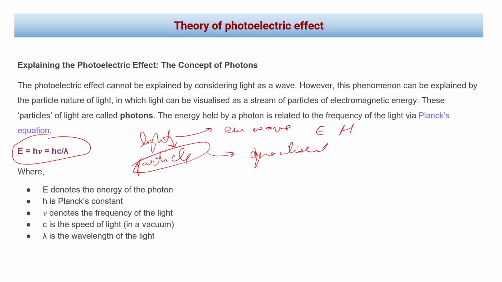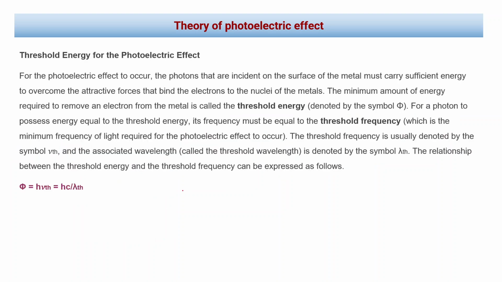That's how we started calling this quantum physics, because we talk about quanta, packets. So we said that this has energy packets called photons. And the energy is Planck's constant times the frequency, and every photon interacts with one electron of the metal, and the electron gets ejected if it absorbs that.